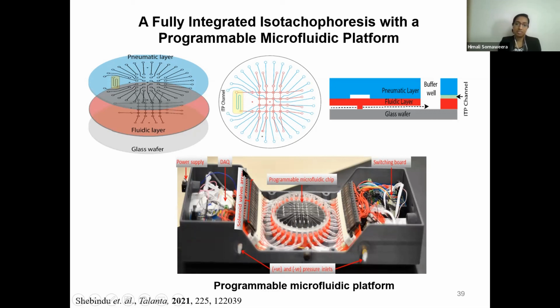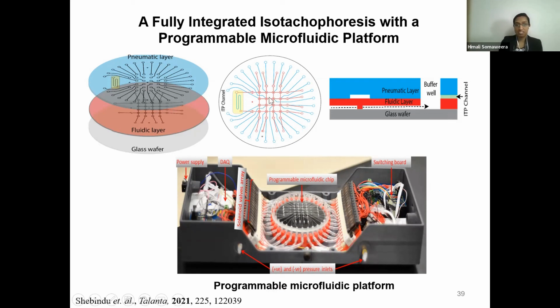You have this DAQ switching board and electric feed connected to the ITP channel, and then you have a power supply. Using this automated system, they can actuate the valves in this system.